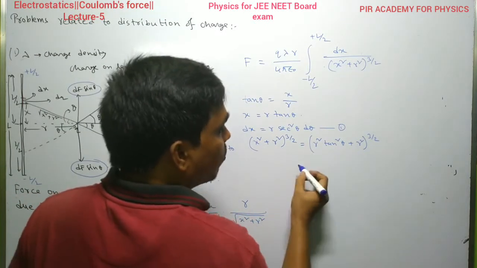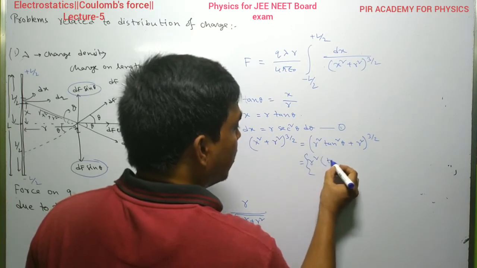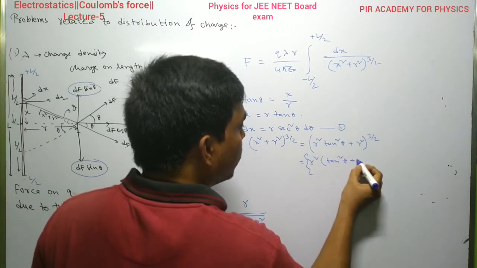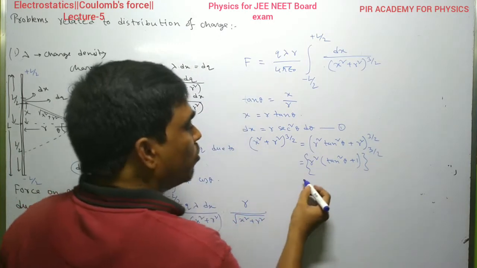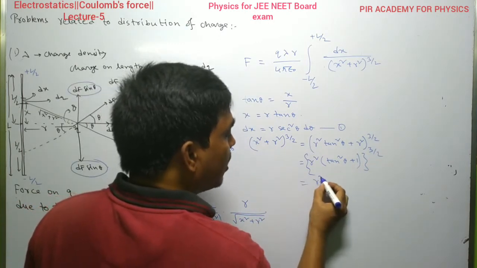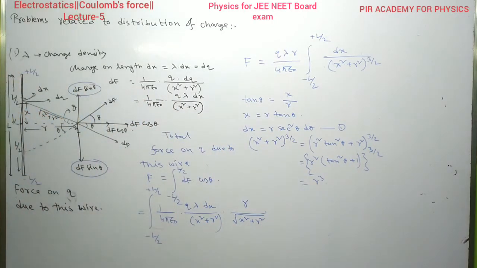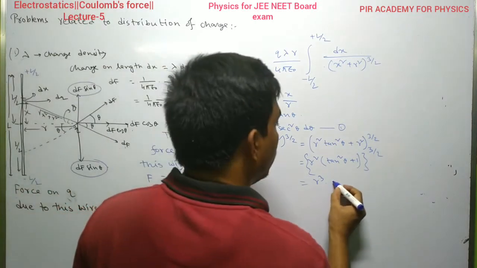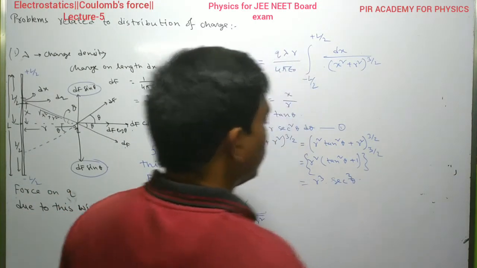Here r square is common, so it is r square (tan square theta plus 1) whole to the power 3 by 2. So it will be r cube, and tan square theta plus 1 equals sec square theta, so it will be sec cube theta.